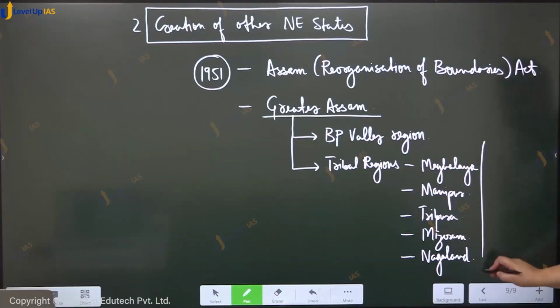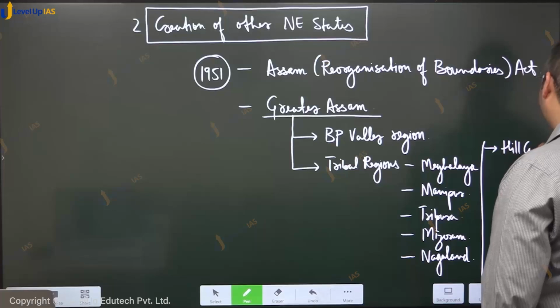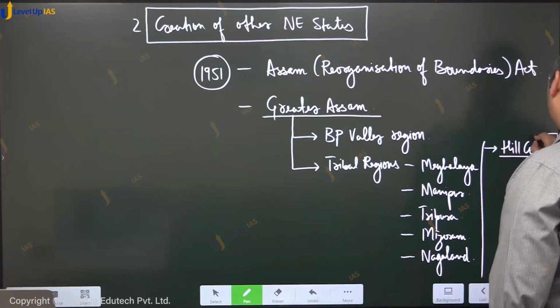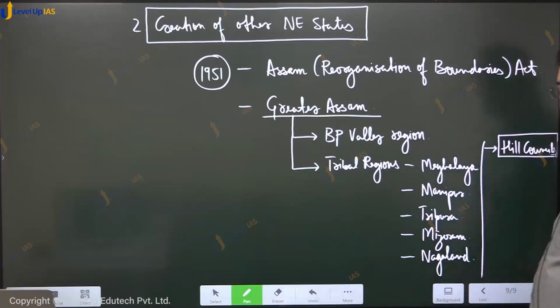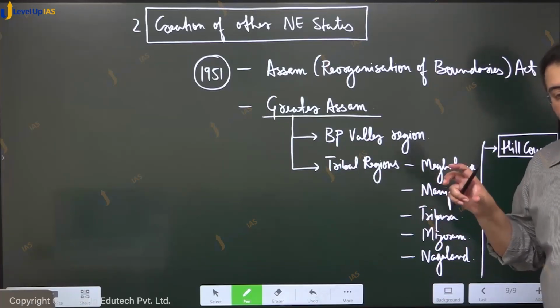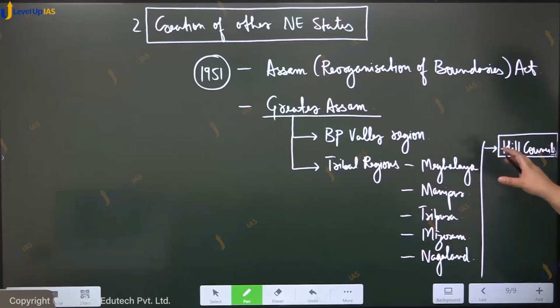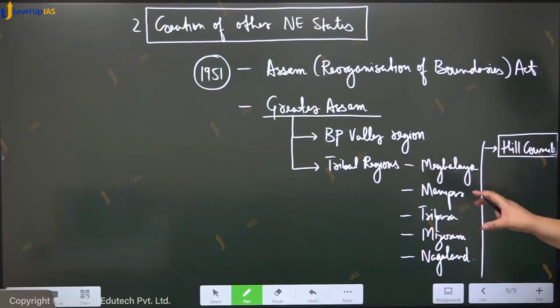Now, in these tribal areas, autonomous hill councils were created to administer them, right? Now, these hill councils had the power to identify which laws of the Assam Legislative Assembly would be implemented in their regions and which ones would not be.